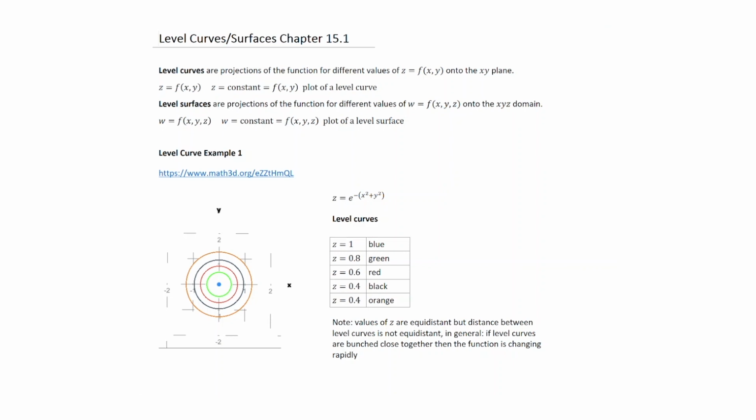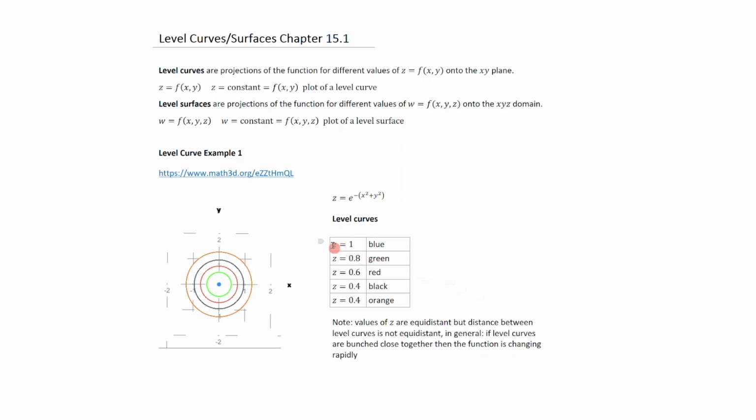All right, so let's do a level curve example. And again, if you want to look at this, you can access it at this URL. I'm giving you a Gaussian function, which has this form, e to the minus (x squared plus y squared). So what I do, basically, is I set z to different values, which you see here. And I plot basically what the function looks like on the xy plane for different values of z.